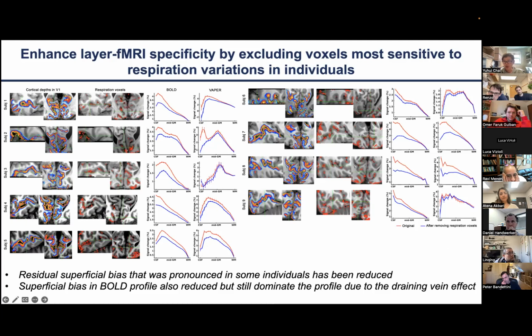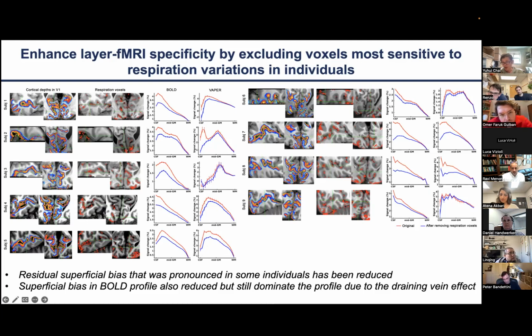I'm sure if you are doing layer-fMRI, for example using VASO, you will see the superficial bias is much reduced. VASO did quite a good job in a lot of subjects, but in some subjects the superficial bias is still there even in VASO. For example, here, subject 7.